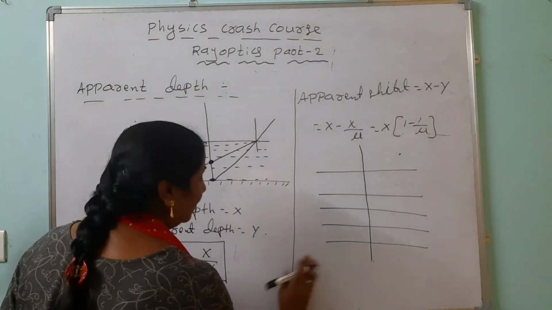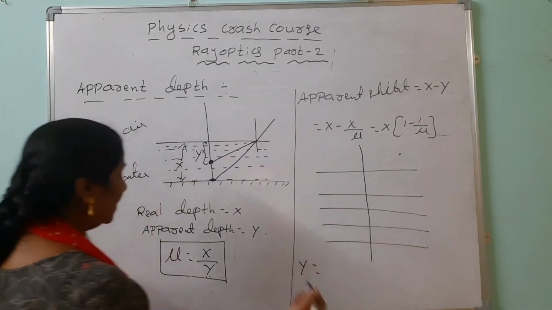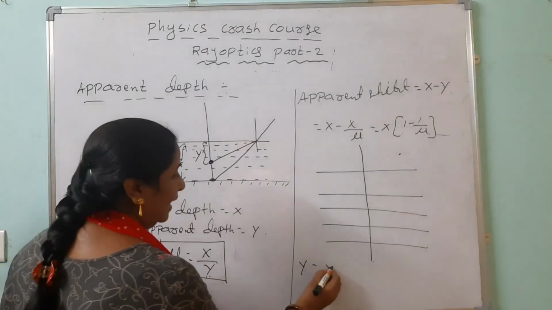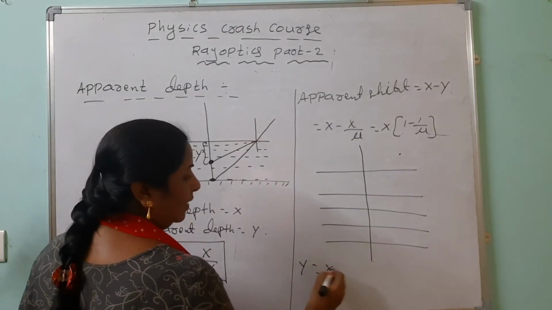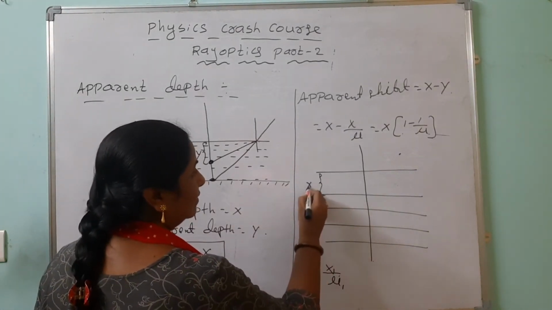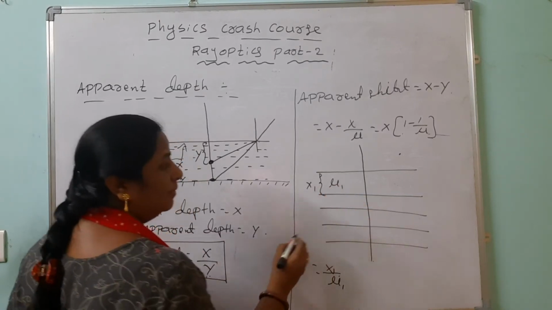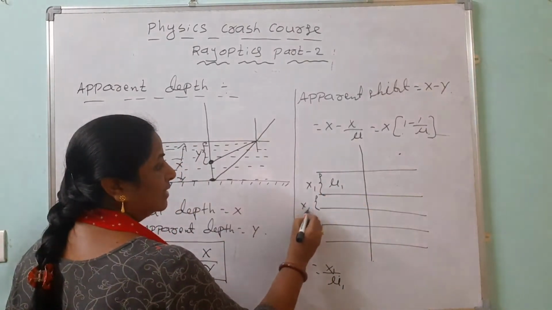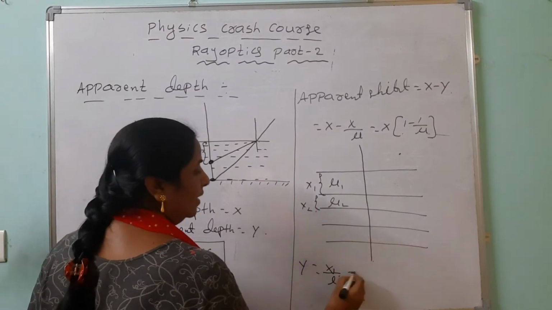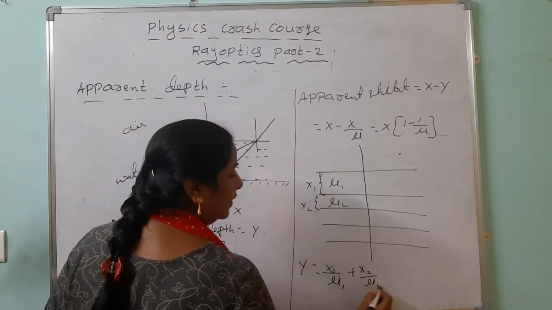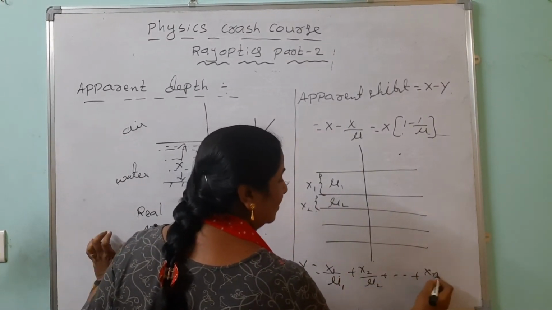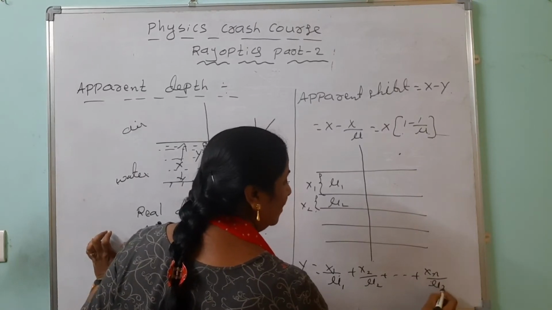So here y equals y1 plus y2 plus and so on, that is x1 by mu1, where x1 is the real depth and mu1 the refractive index, plus x2 by mu2, plus and so on, depending on the mediums and the mu we are taking.